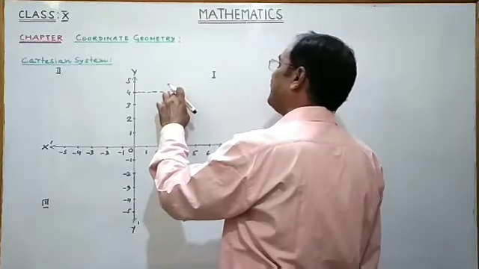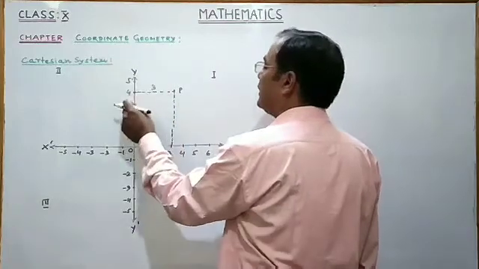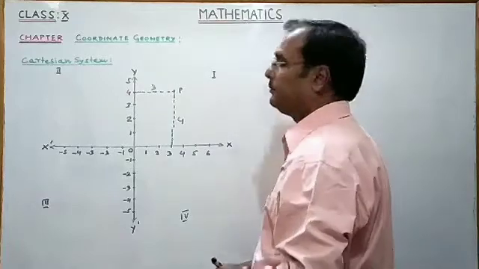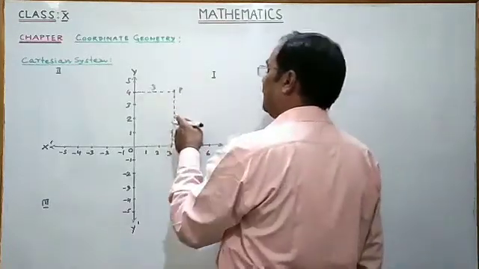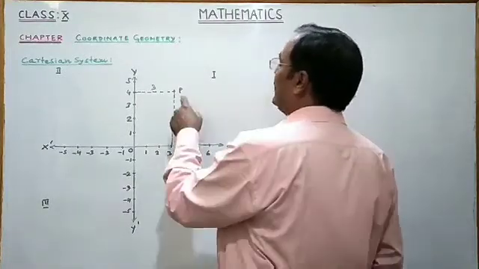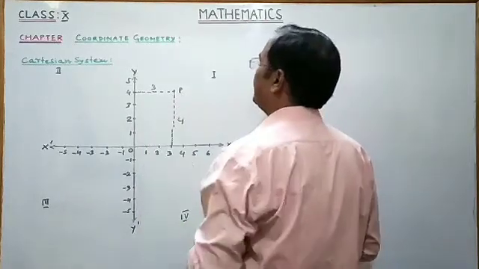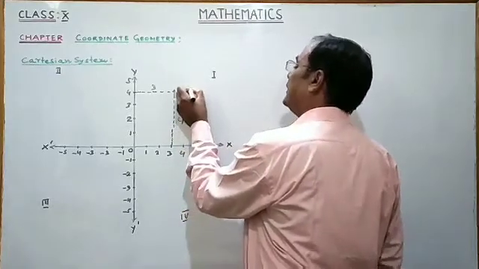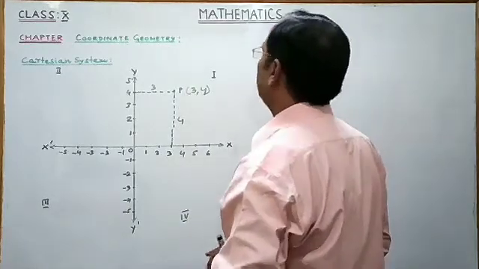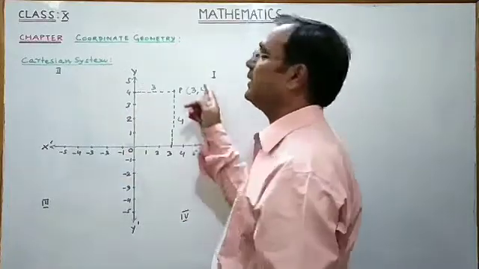So the distance of this point P on the x-axis is 3 units and the distance of this point P on the y-axis is 4 units. This ordered pair of numbers 3 and 4, which are the distances of the point on the x-axis and on the y-axis, written like this (3, 4), describes the position of this point P uniquely in this entire Cartesian system.